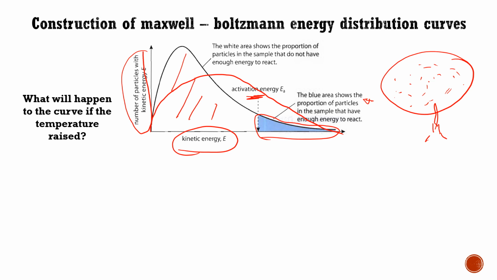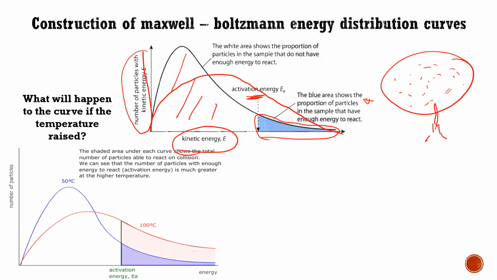You see here in the red graph that we still have the same amount of particles, because this is representing the number of particles. For that reason, the graph will stretch to the right, because more particles have the minimum kinetic energy to react than in the first scenario for lower temperature.